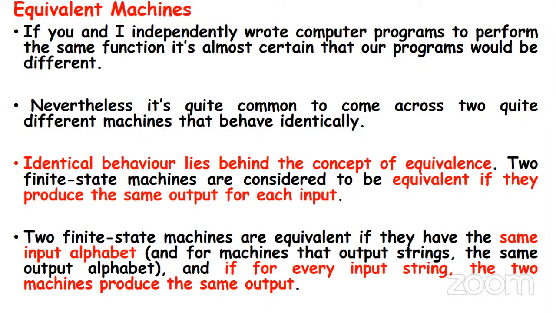Nevertheless, it is quite common to come across two quite different machines that behave identically. Now, identical behavior lies behind the concept of equivalence. So equivalence means that though you are different in nature, you function in certain ways that are quite similar.